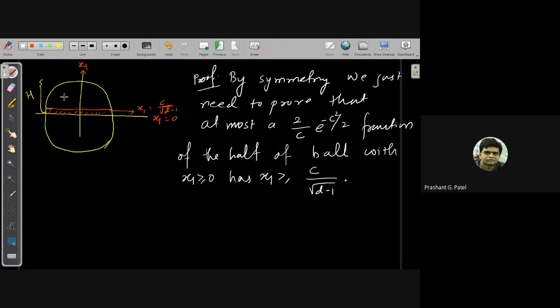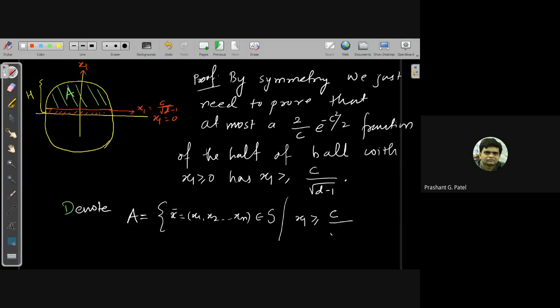So we'll denote this portion that we have here, which is denoted by these green lines, by A. So this portion, that is x1 greater than or equal to c by square root of d minus 1, we will denote by A. So define A equal to the set of all x bar, let's say x1, x2 up to xd, belonging to the sphere, let's say the sphere is denoted by S, such that x1 is greater than or equal to c by square root of d minus 1.